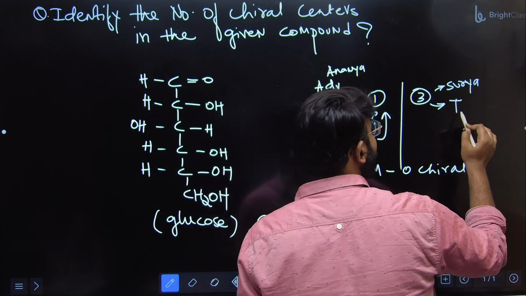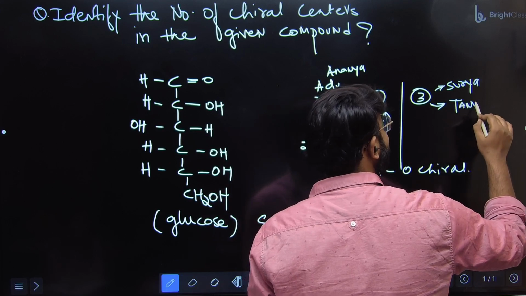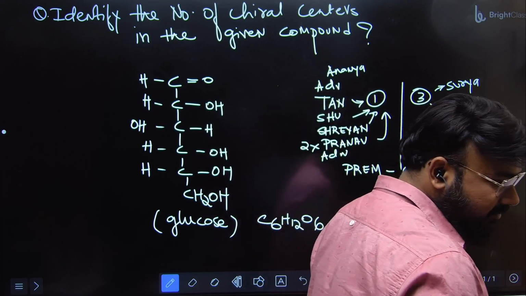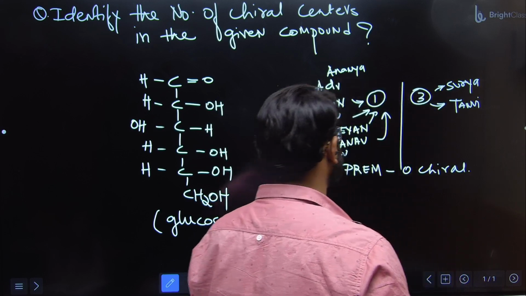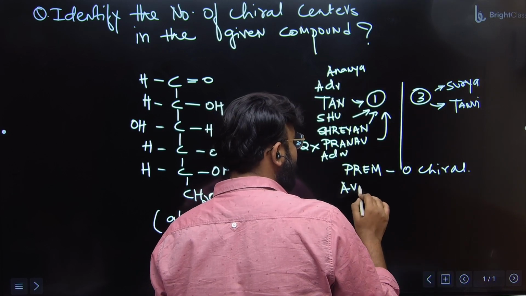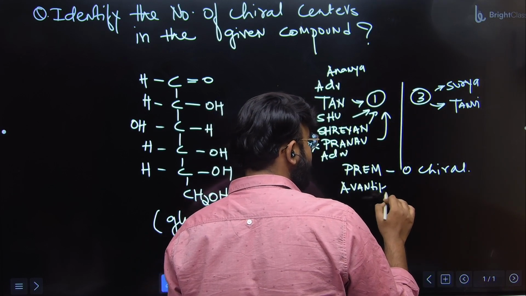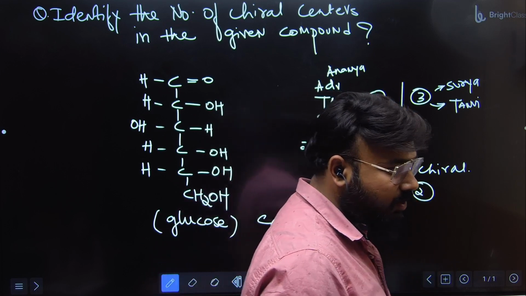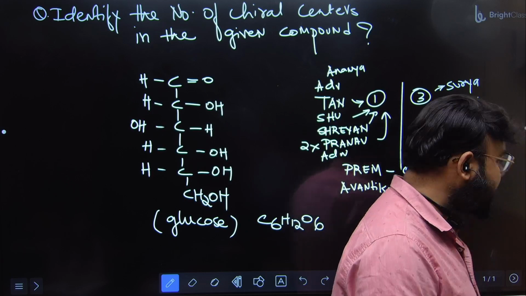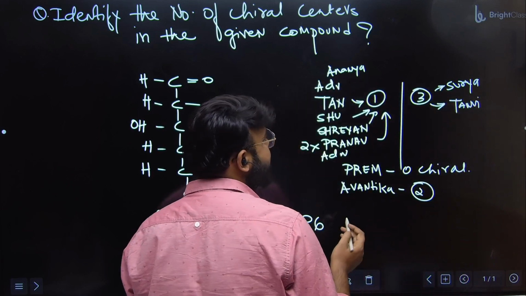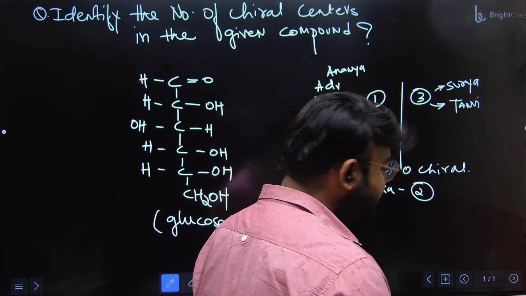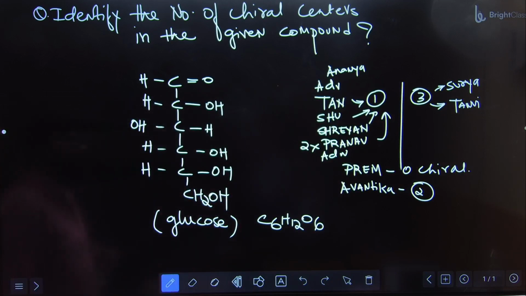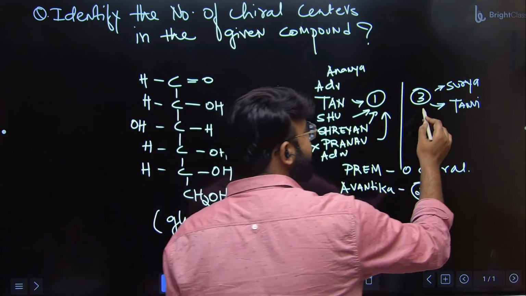Okay, and Avantika got two. This was the first time someone said two. Okay, and Arnav, what is the answer? How many chiral centers? Okay, Arnav got three.